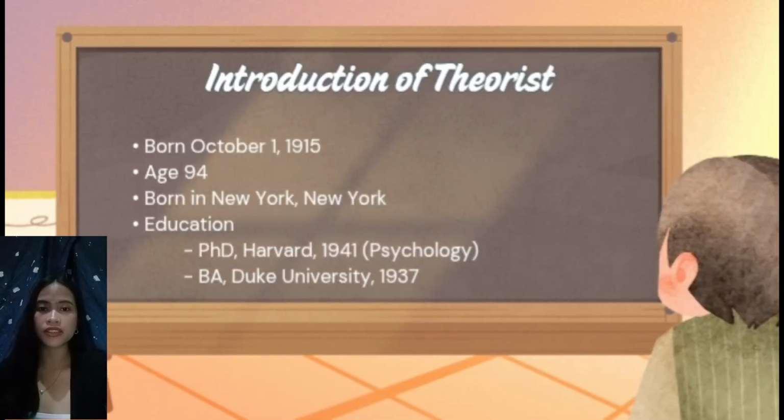Jerome Bruner was born on October 1, 1915. He was 94 years old, born in New York, New York. He finished his studies, PhD at Harvard in 1941, in psychology, and BA at Duke University in 1937.